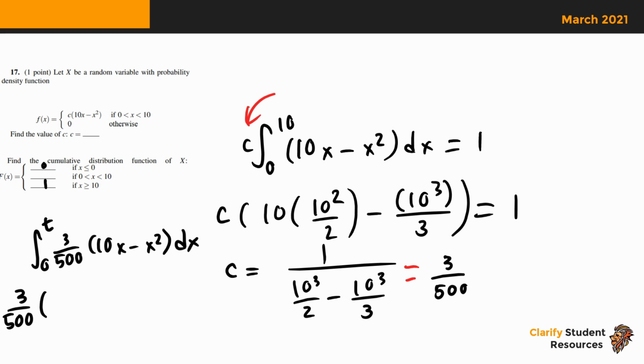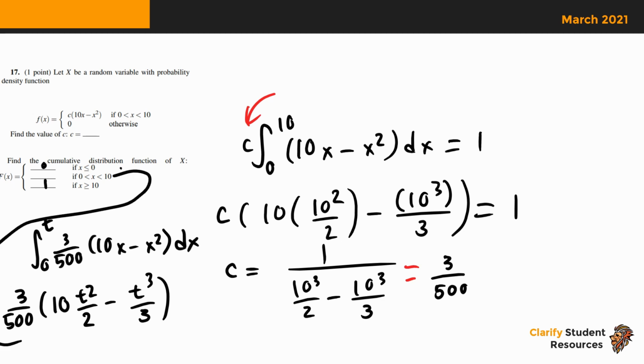And then we're going to have the 10x part, so that's just going to become 10t squared over 2, and then minus t cubed over 3. And this is basically going to be our answer for over here. Again, we have to change the t's to x's because it's in terms of x, but that'll give us the right answer.